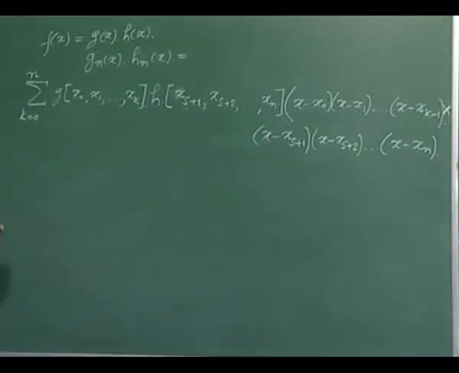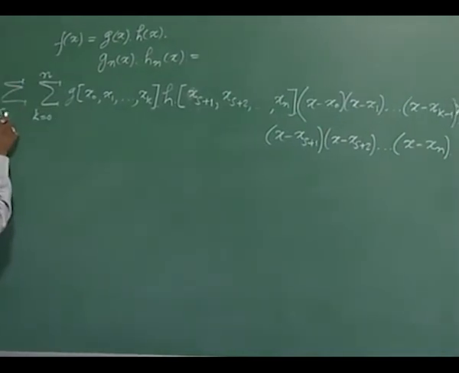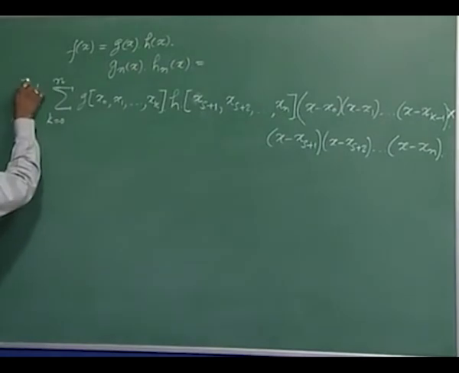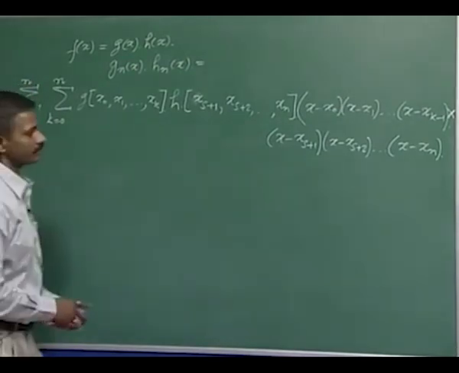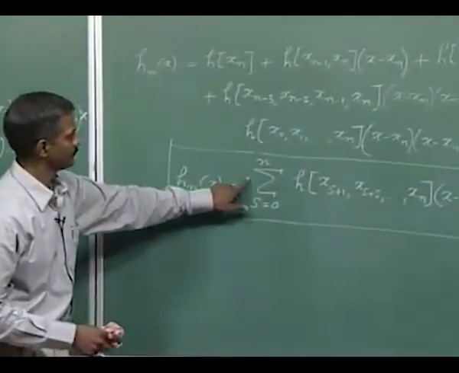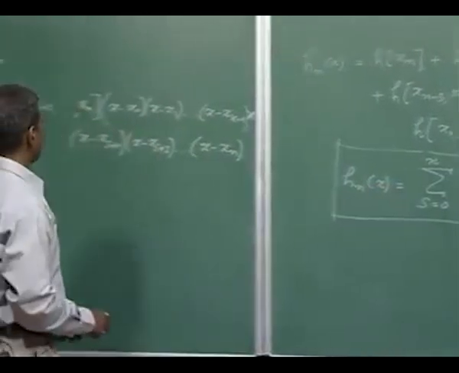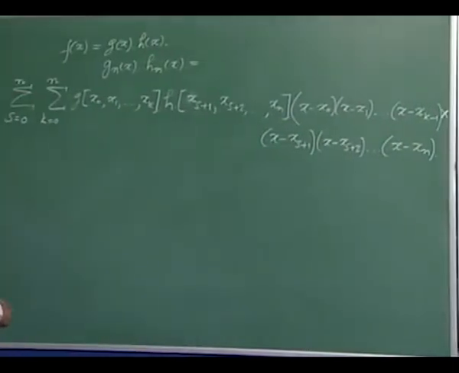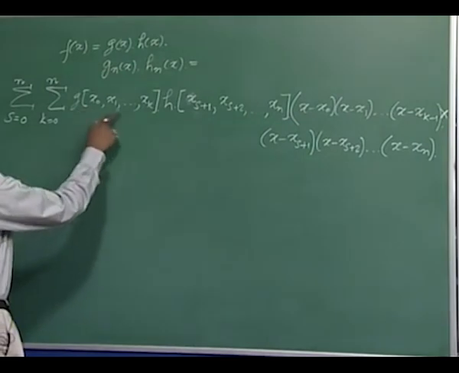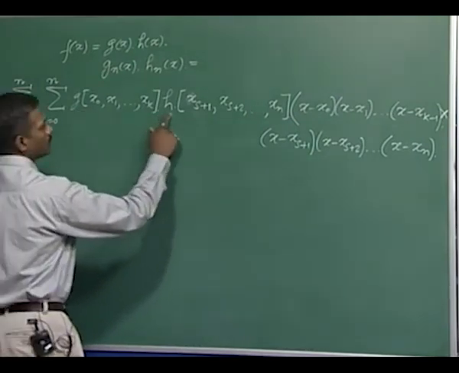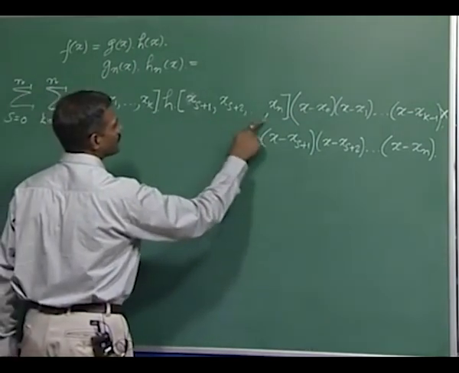And of course, here we will have a double summation. Index s would also go from 0 to n. Let's worry about these coefficients a little later.